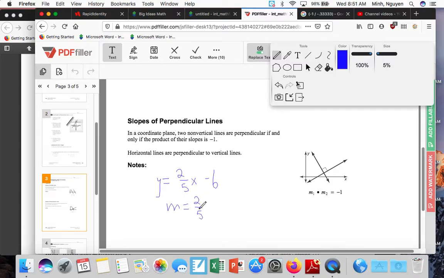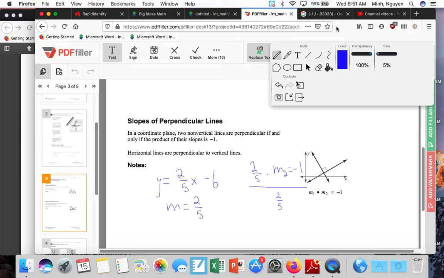To find the other slope, I'll say, okay, well, 2/5 times the second slope equals -1. So I'm going to divide both sides by 2/5.